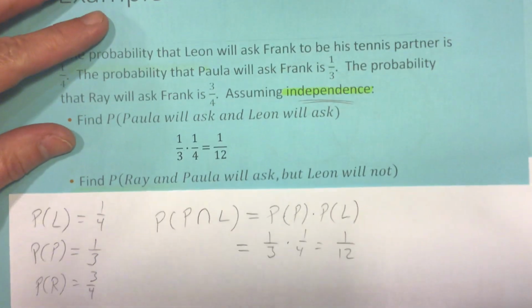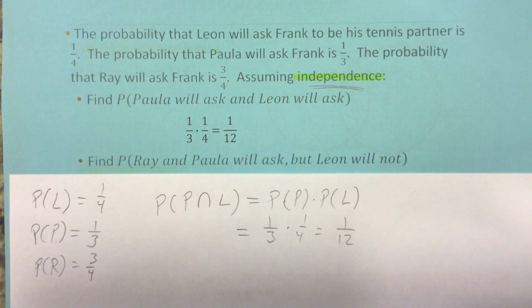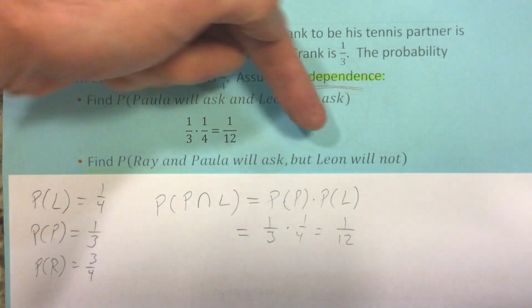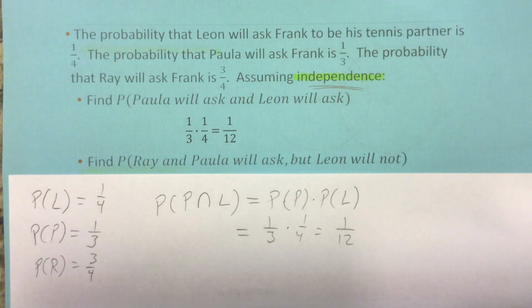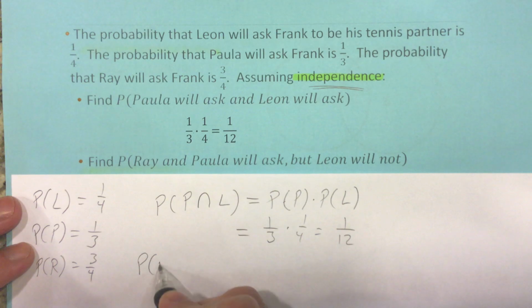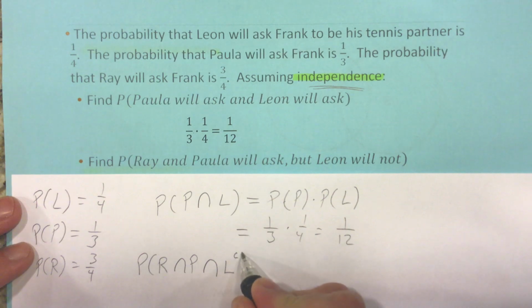All right, now let's try another one. This one's going to be a little more challenging. What's the probability that Ray and Paula both ask, but Leon does not ask? So I want to find the probability Ray and Paula ask and Leon does not ask.